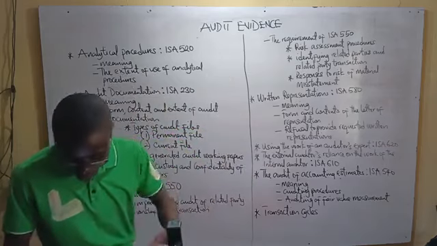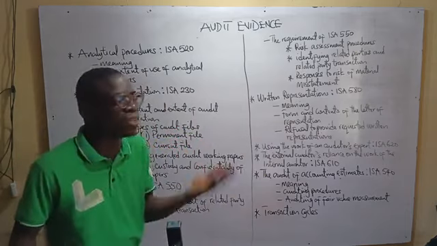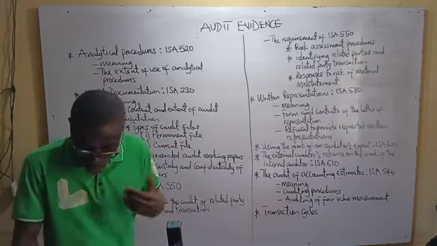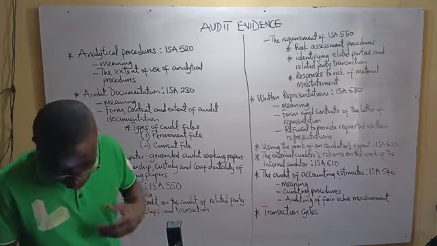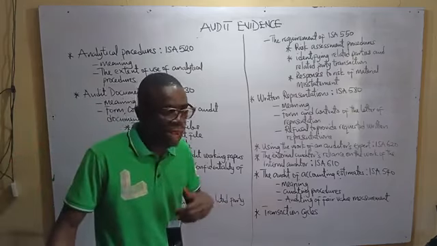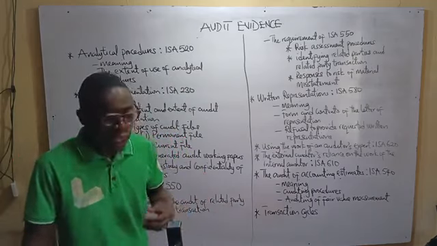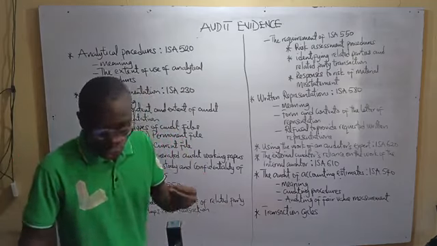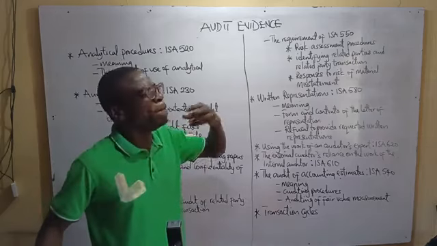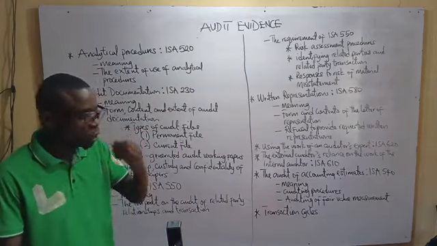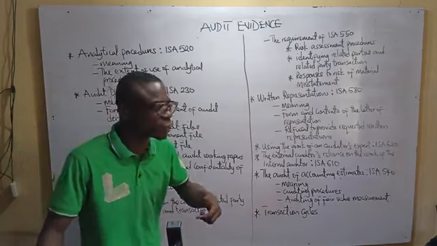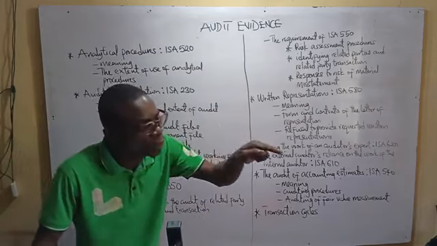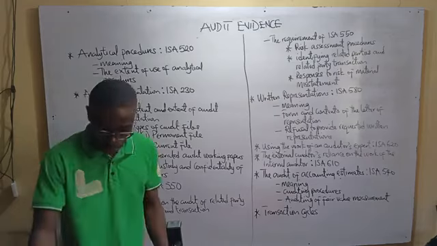What is the result? He must be able to explain, not just calculate it and leave it. In explaining it, it will help the auditor to evaluate the expected misstatement of that item in the financial statement.